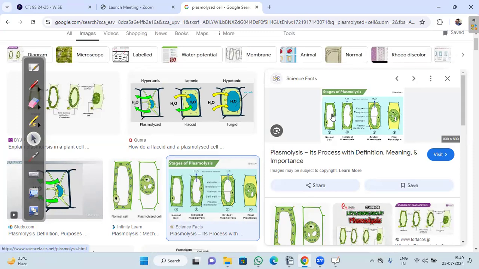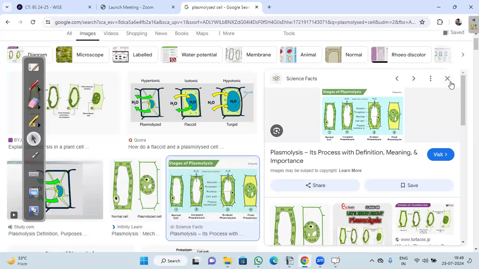Earlier, the complete plasma membrane was towards the cell wall. Now in the second case, we observe that water is moving out. So when water moves out, the plasma membrane starts leaving the cell wall. It starts shrinking, it becomes small. So this situation is called plasmolysis.